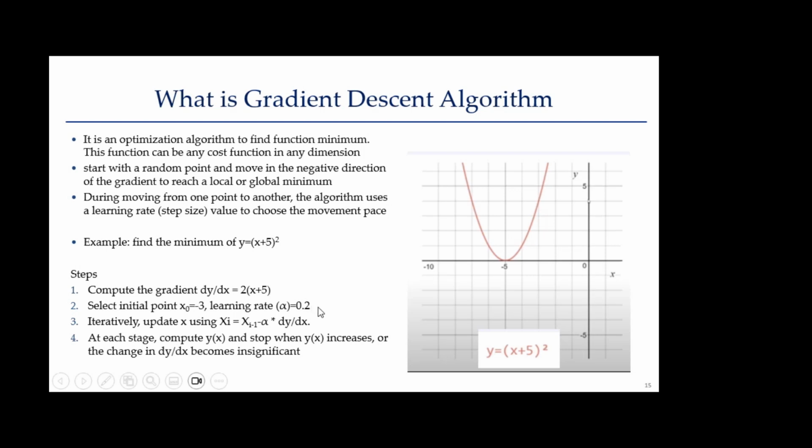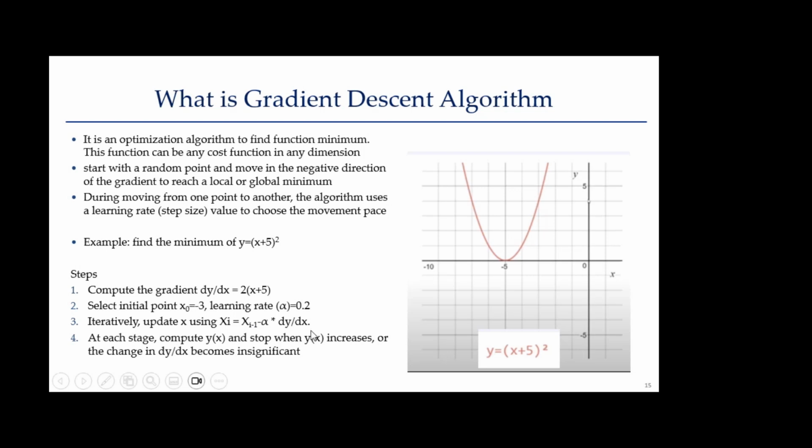Sometimes it's very important also to add another factor when changing the next value of x during the iterations, which we call the learning rate. We'll talk about the learning rate later, but at the moment we use the learning rate to find out the next potential value of x. So this is how it's being calculated.